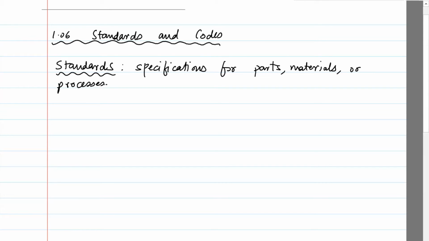So if you're making a product, what material should you use? What processes should be used to go ahead with the manufacture and so on. Now, the goal of having standards in the industry is to help reduce variability.